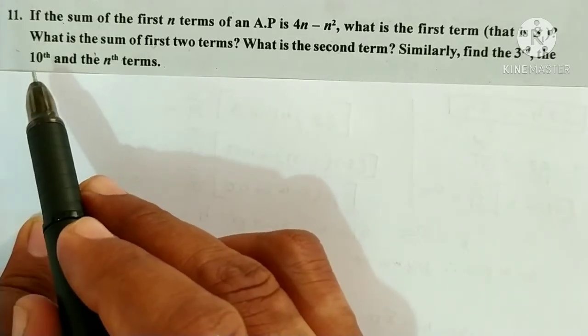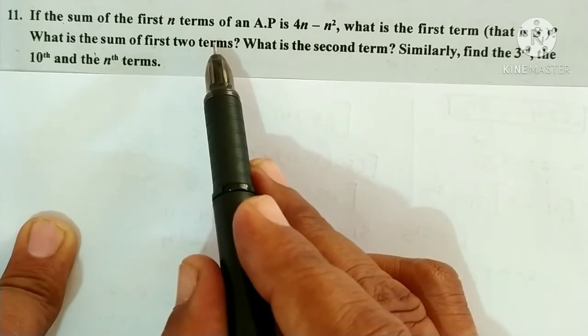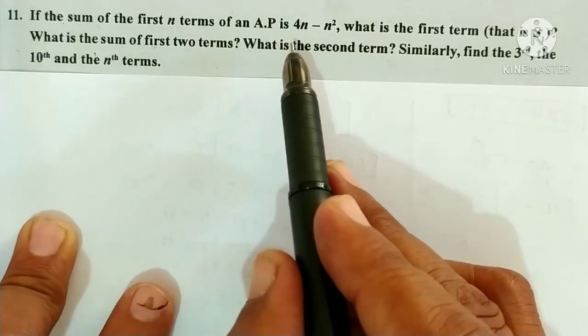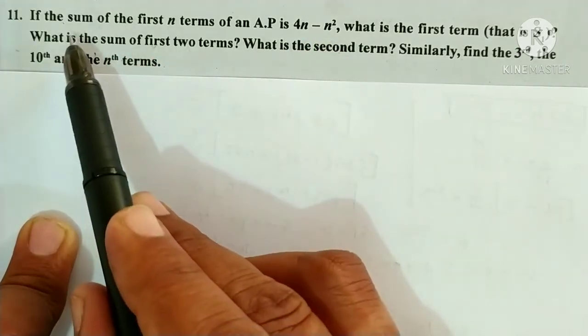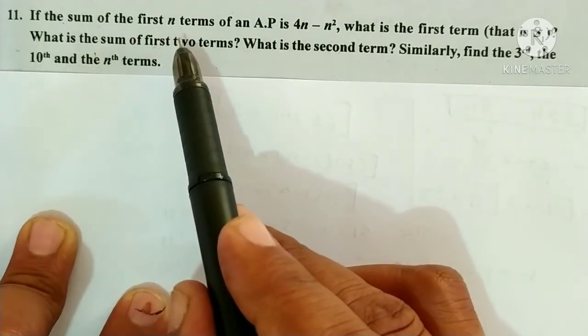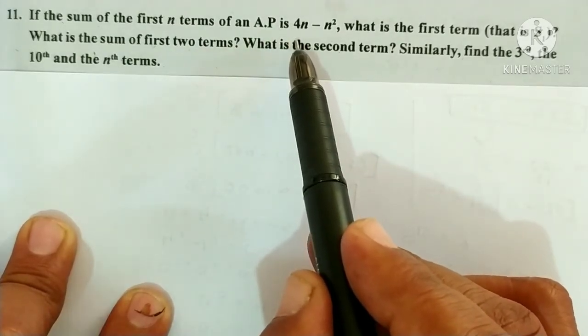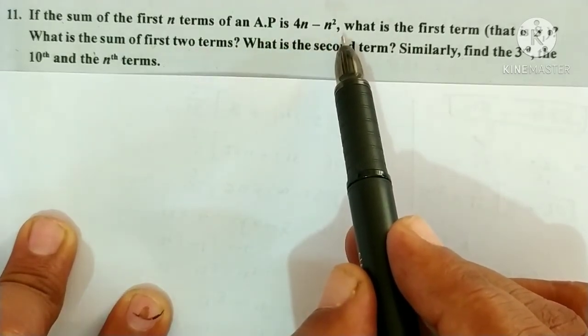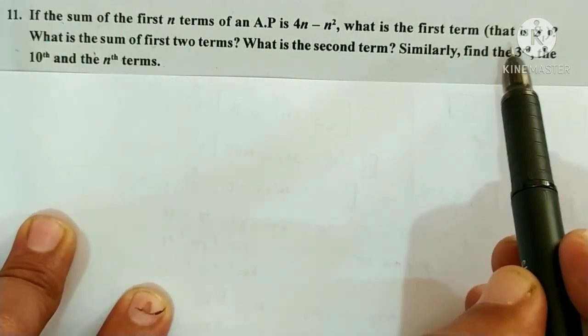Question number 11. If the sum of the first n terms of an AP is 4n minus n square, what is the first term, that is S1?